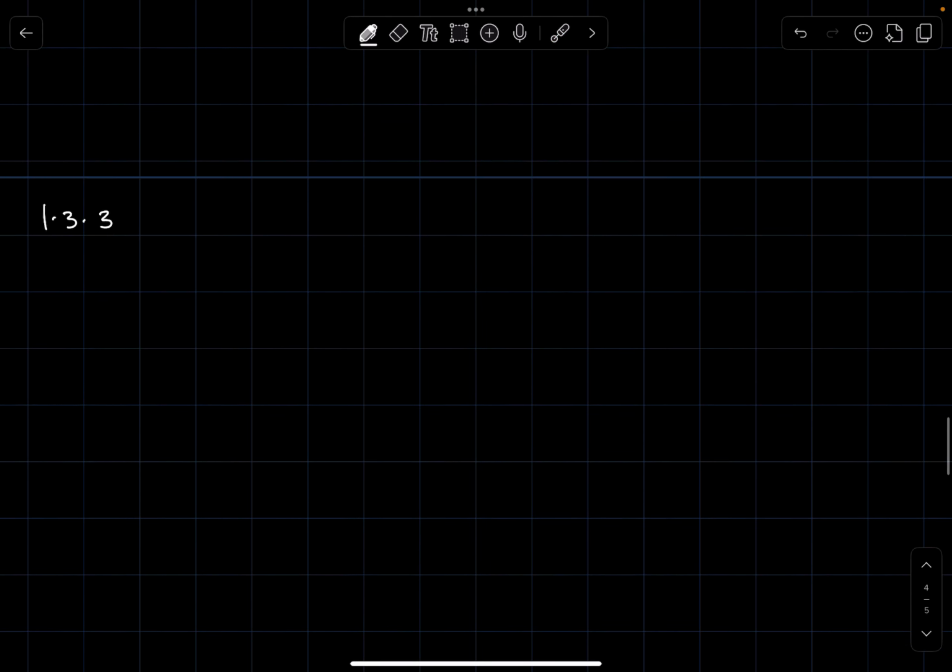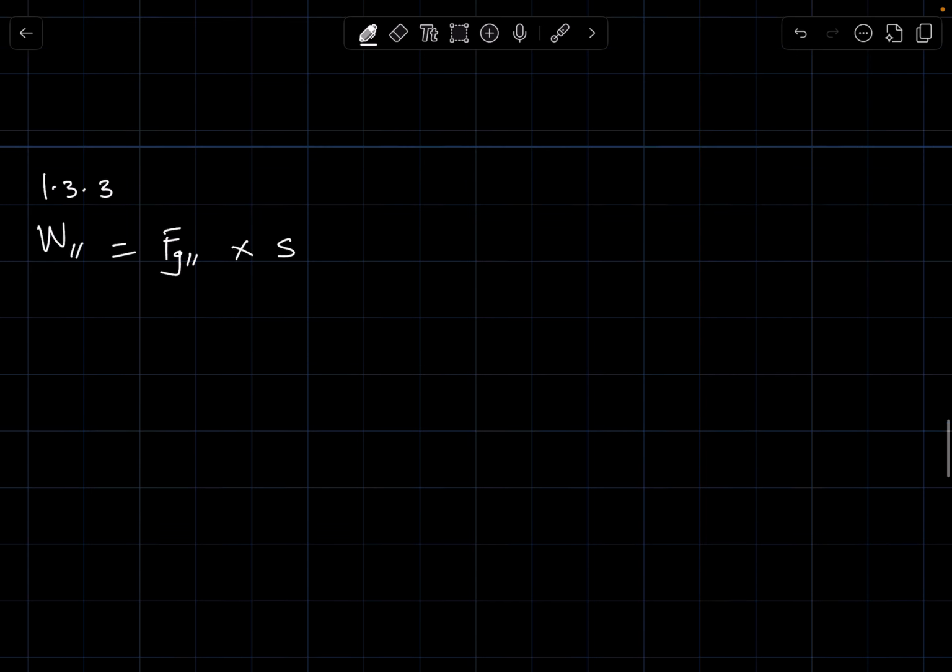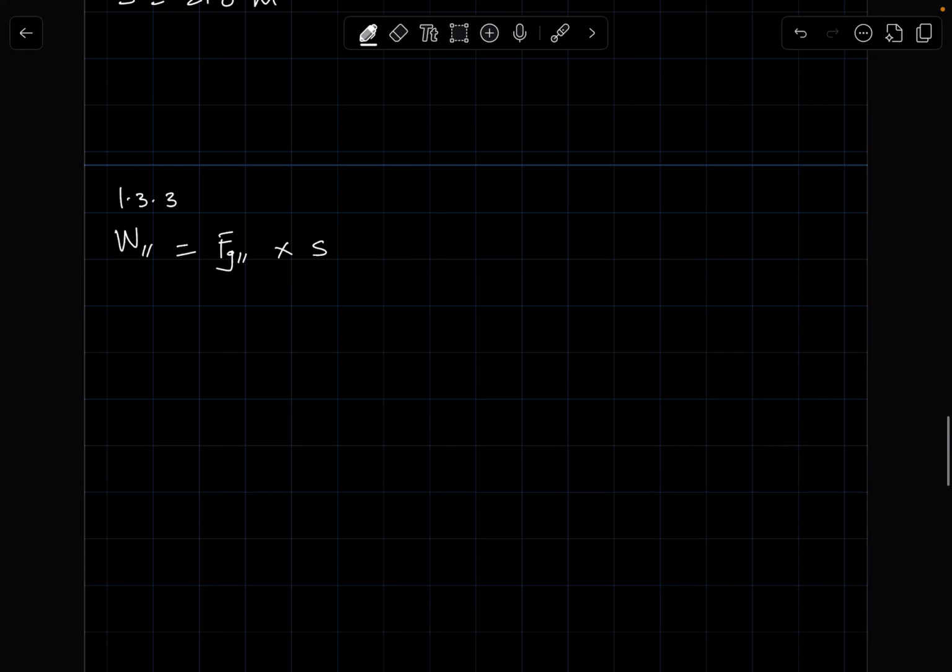Work done due to the gravitational component parallel to the plane is equal to, now we know work done in general is force times distance. So the force here, because they're looking for the work done by the component of the gravitational force parallel to the plane, means we use Fg parallel times S, which is the displacement.